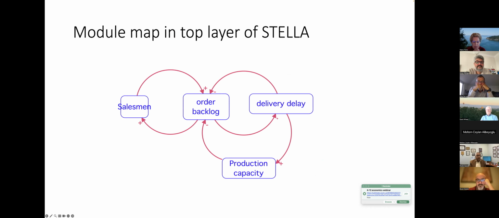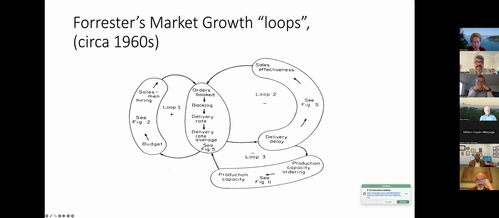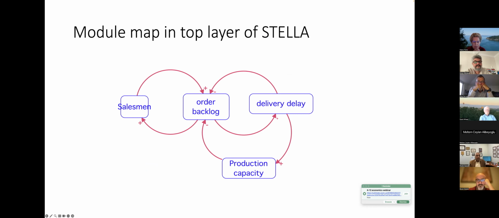And the module map that the Stella returned was exactly the sausage diagram that Forrester had constructed. That gives us a clue about relating the explanatory process, which is feedback loops, to the computational process, which is the stock and flow model.